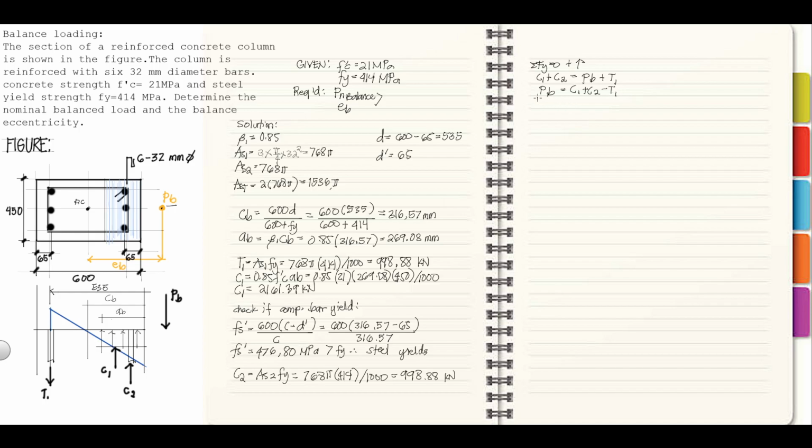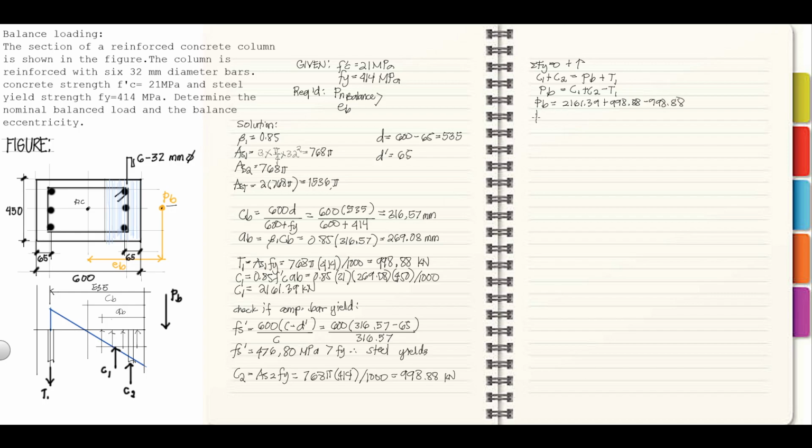So our C1 is 2161.39 plus our C2 here, which is 998.88, minus T1, which is 998.88.